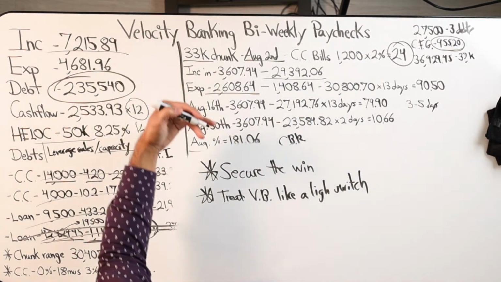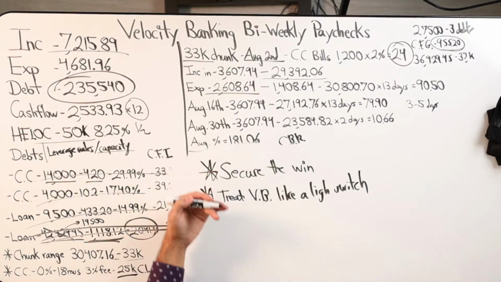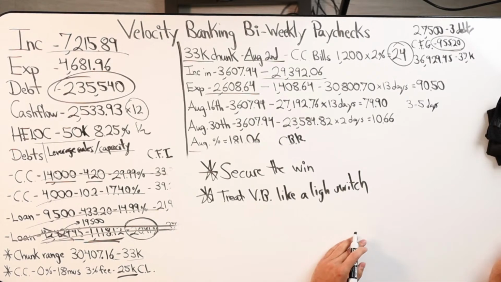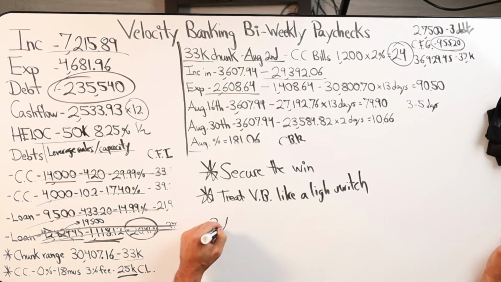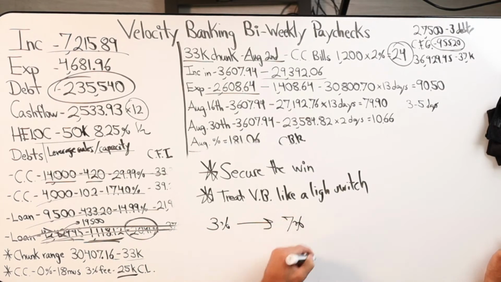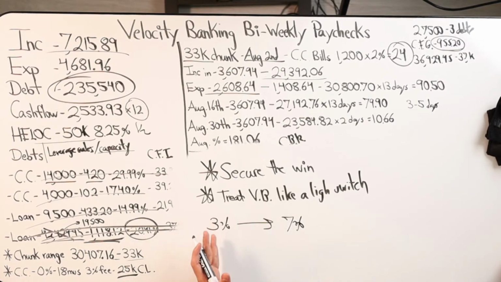Many of you, when you're doing velocity banking, especially with your mortgages, are doing velocity banking too long. So if you've got a 3% mortgage and you're doing velocity banking with a 7% HELOC, you're going to get some steam for sure, say at the beginning of that 3% mortgage.